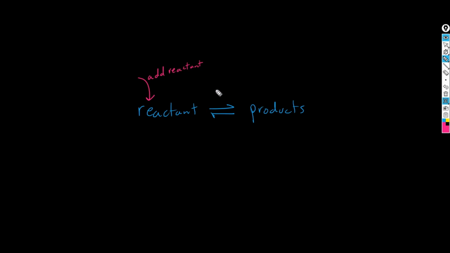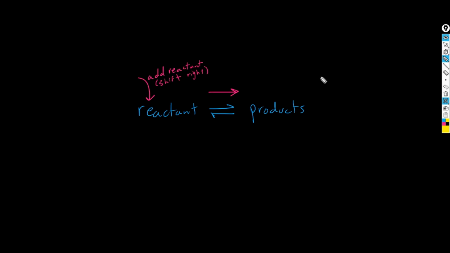The forward reaction is going to use up that reactant, because if the forward reaction takes over, reactants are used up and products are being made. So the equilibrium is going to shift right if we add reactant. It shifts right because that's what uses up the reactant, according to Le Chatelier's principle.